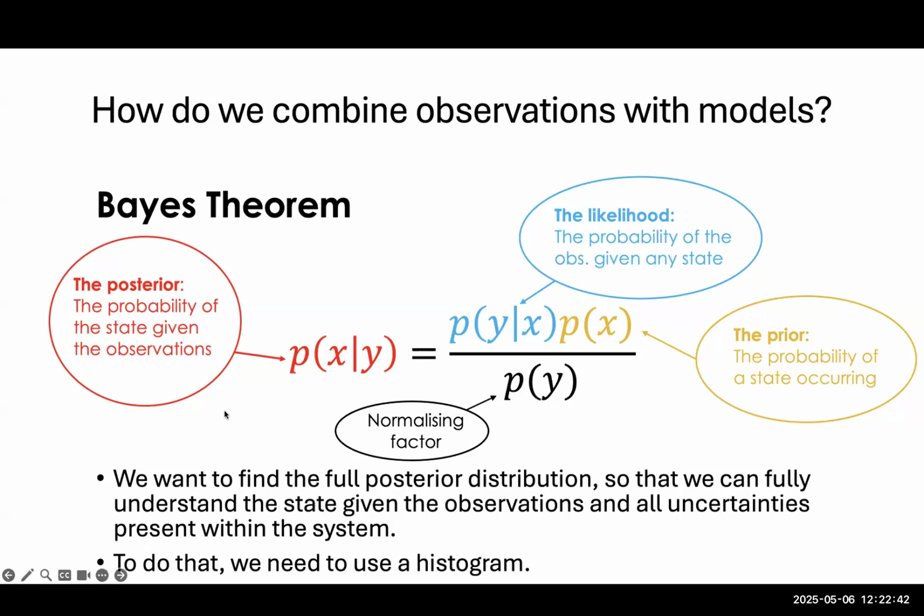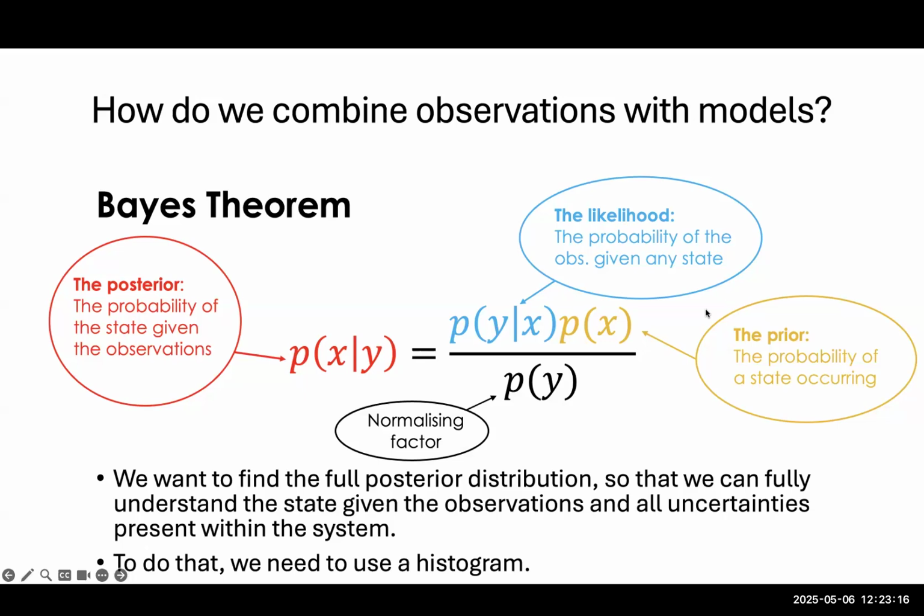So the probability of any state given the observations is proportional to the probability of the observations occurring given a particular state. So if we have a temperature of 21 at some point, and given our model, what's the probability of that observation occurring given our model output?